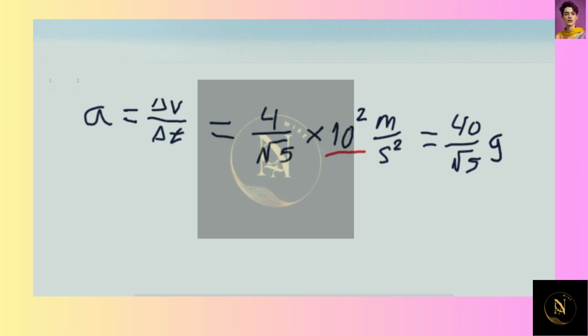Now we want to know the force on the necks of the passengers. So that's just F equals ma, where the m is 5 kilograms, and then the acceleration was 4 over root 5 times 10 squared meters per second squared.